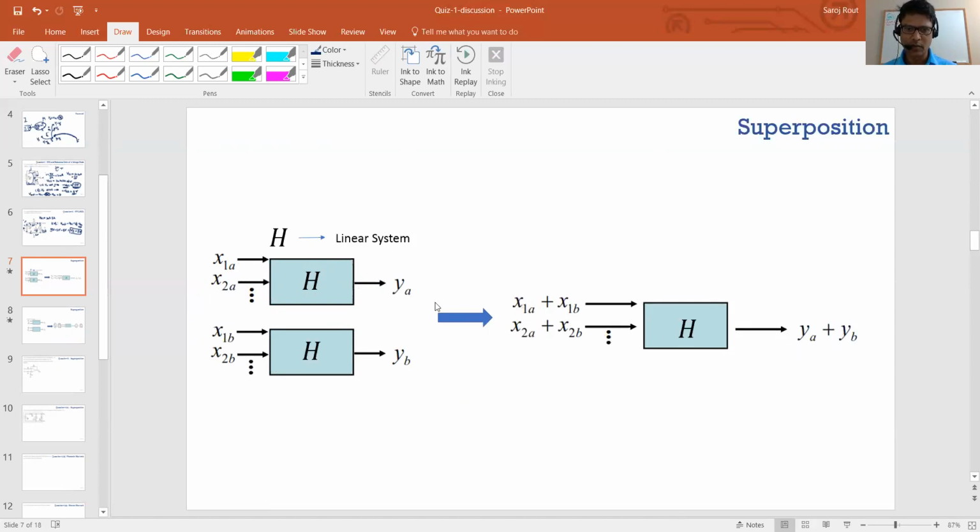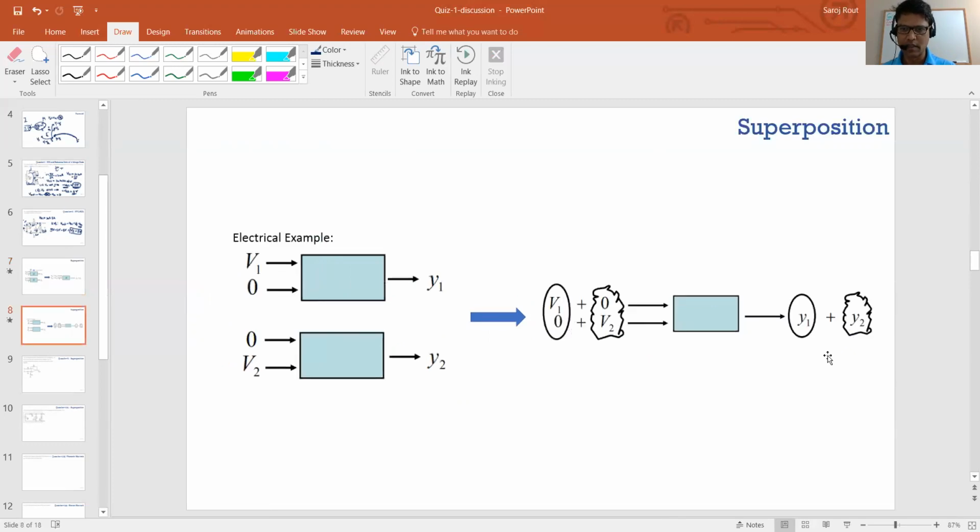So if you know this output, and you know this output, you don't have to derive the whole function again, you just add them up, right? So that's really what the superposition principle is.